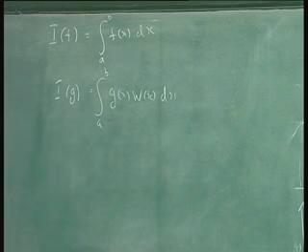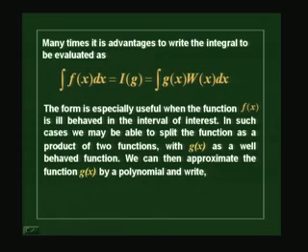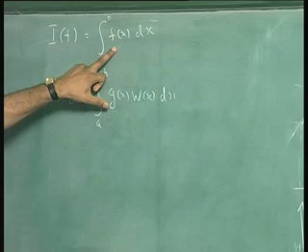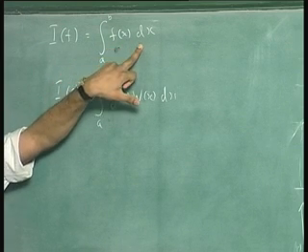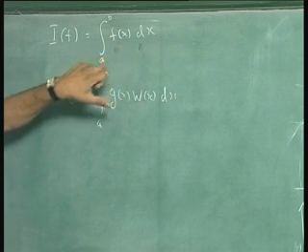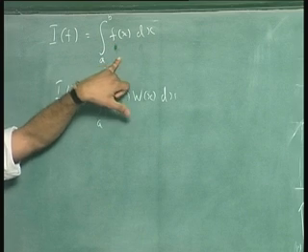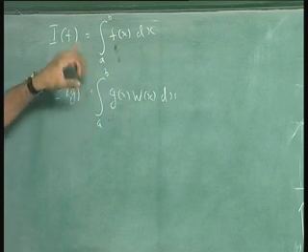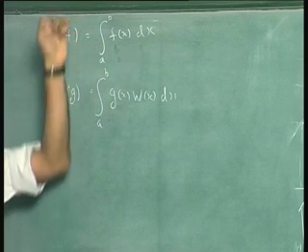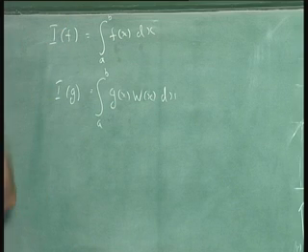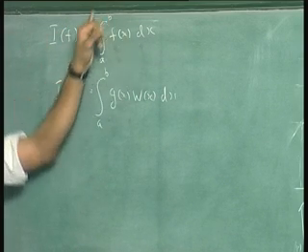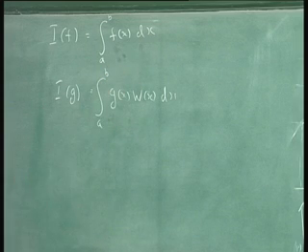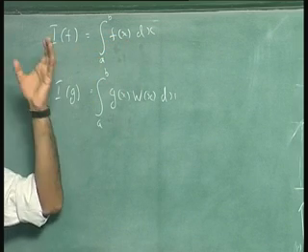Now this is particularly of interest where the function f of x itself may not be very well behaved, but the integral is finite. For example, if you have root x sitting in the denominator, and you want to integrate it with limits 0 to 1 or something, or minus 1 to plus 1, then you will have trouble evaluating this function at 0 if it is 1 over root x, but the integral itself is finite.